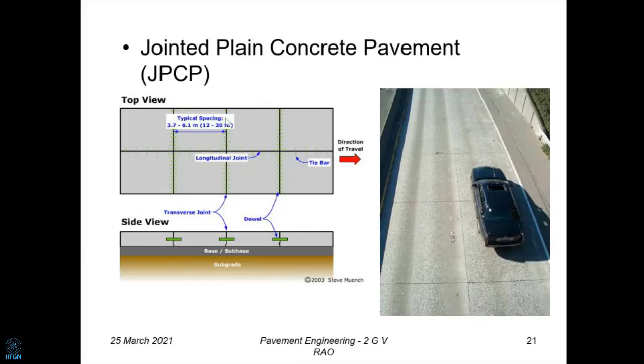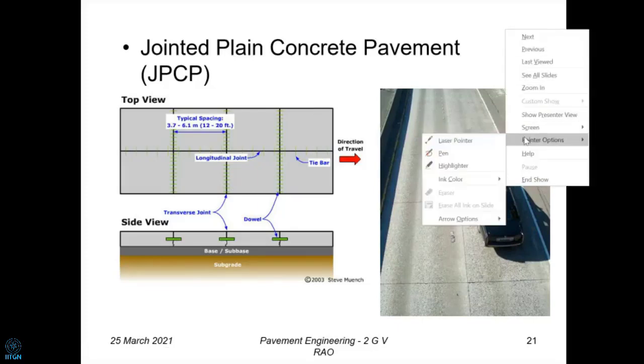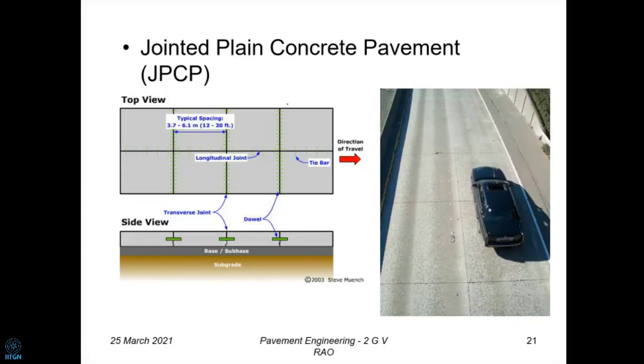Anyway, it is weakest at the junction, let us say, and so to transfer the loads effectively, we create actually a load transfer system. So that is given by a dowel bar. A dowel bar gives us that kind of facility. So a dowel bar is actually a load transfer device.